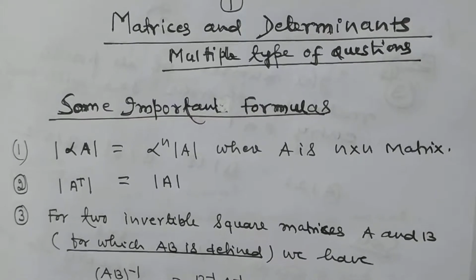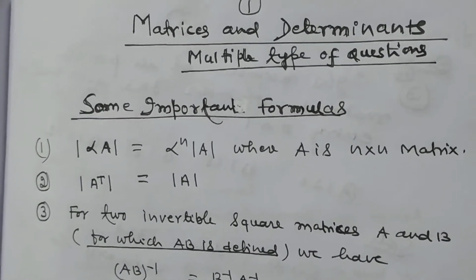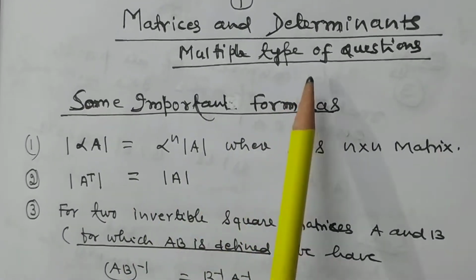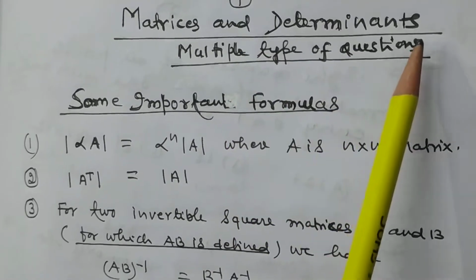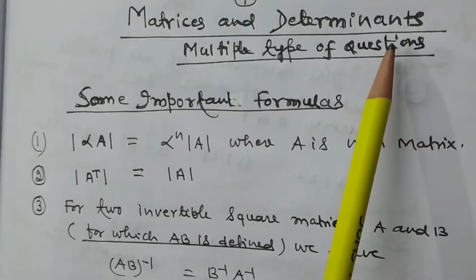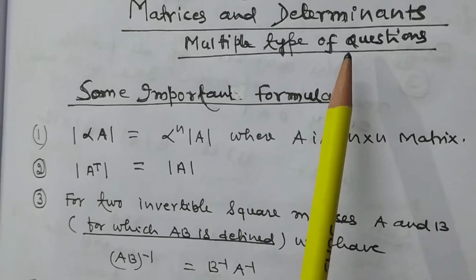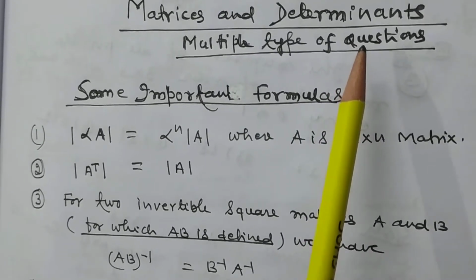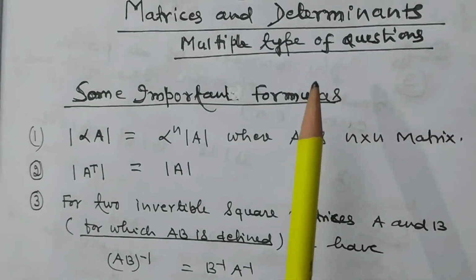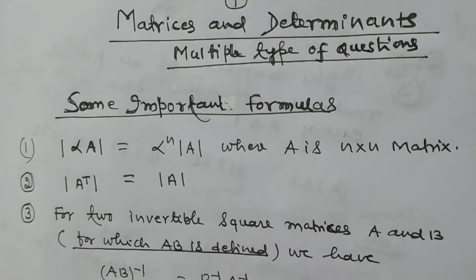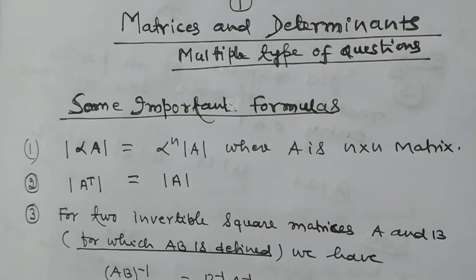My dear students, now I want to discuss some multiple type of questions from matrices and determinants. Before starting the solving of the multiple type of questions of matrices and determinants, I want to suggest you must go through this general formula.